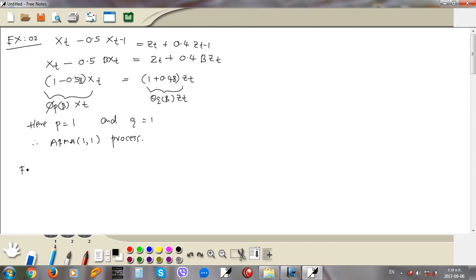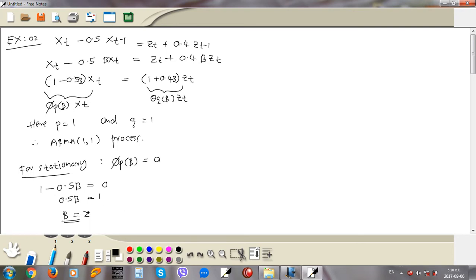Now we can take stationarity. What you have to do is, for stationarity we have to check this part, phi p B should equal 0. So then that part is 1 minus 0.5 B equals 0, then 0.5 B equals 1 and B equals 2.